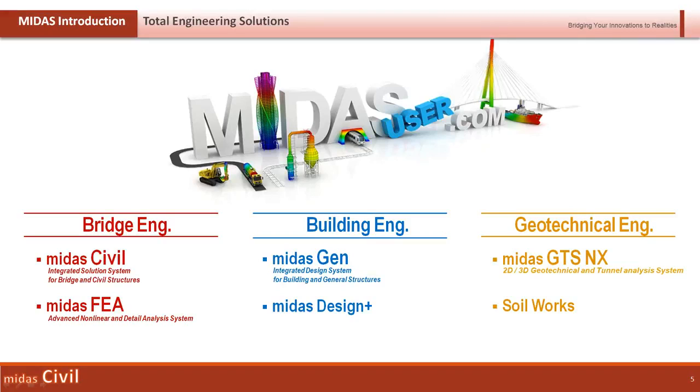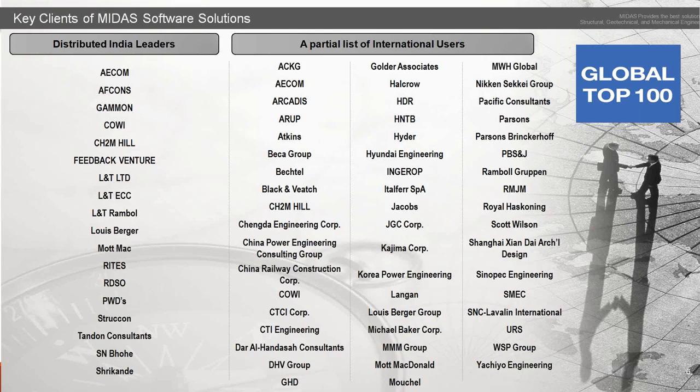Similarly, for building engineering, we have Midas Gen, a specialized solution for building engineering again, and Midas Design Plus, which is a specialized design tool for columns, beams, staircases, etc. Moreover, we have Midas GTS NX, which is again finite element analysis software for geotechnical engineering. So we can say that all the software correlate with each other, and they all act together to provide a complete engineering solution.